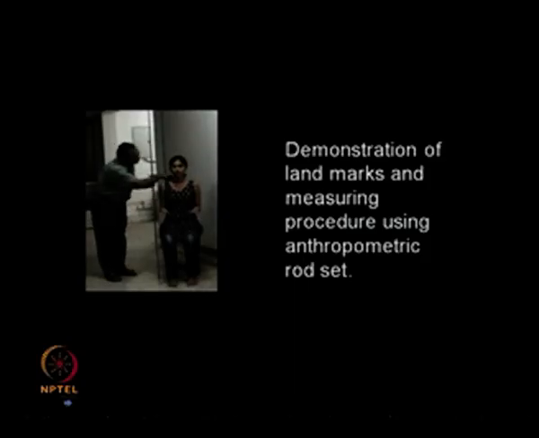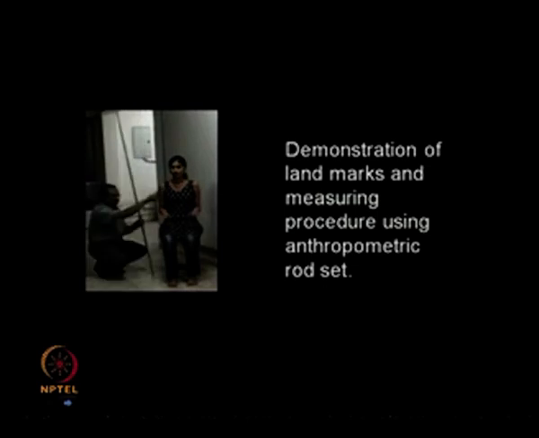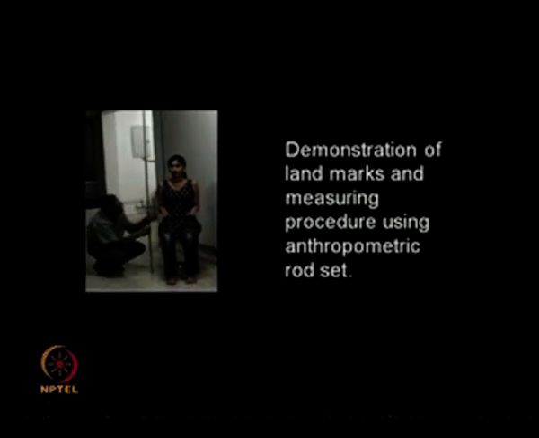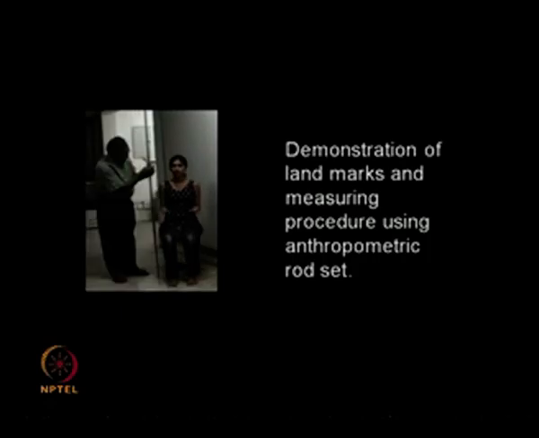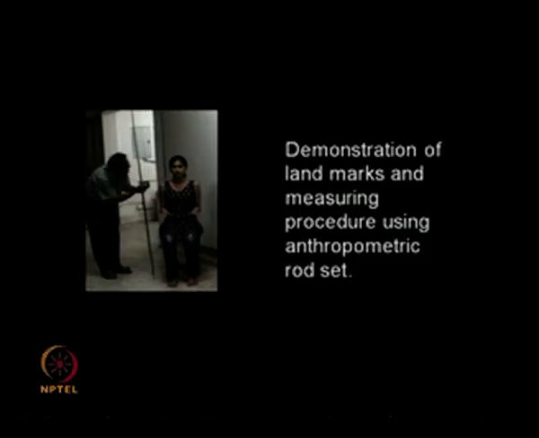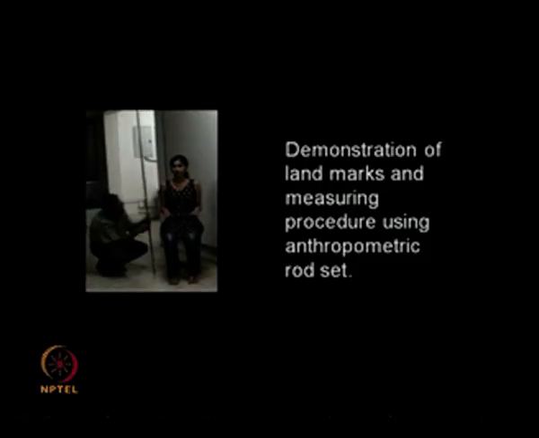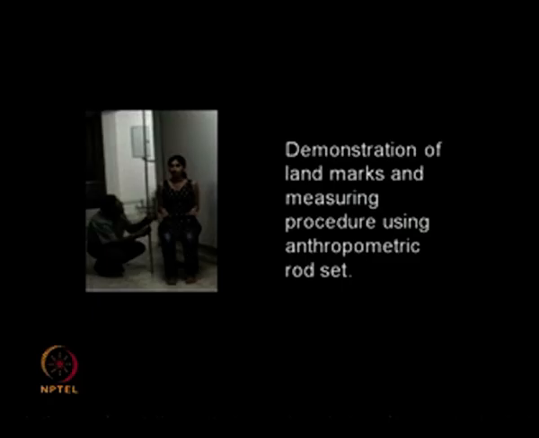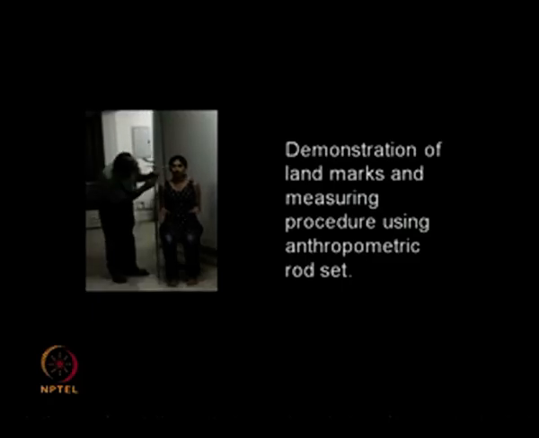Now, in a sitting posture, or the sit desk posture, the adjustable stool is used so that the 90-degree positions at elbow, thigh and foot can be maintained, and the hip also, and then the same anthropometric rod can be used.